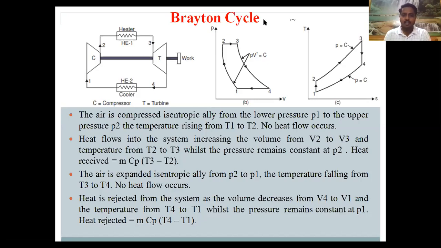The temperature rises from T1 to T2. See in our TS diagram, this is our T1 and this is our T2, and the lower pressure is P1 and the upper pressure is P2. And keep in mind there is no heat flow.